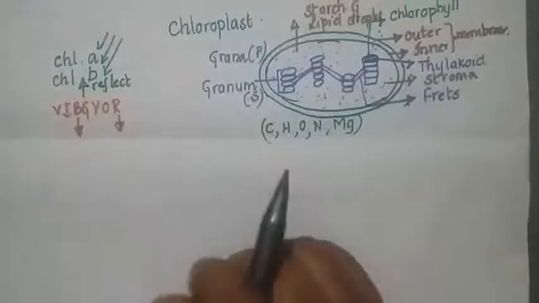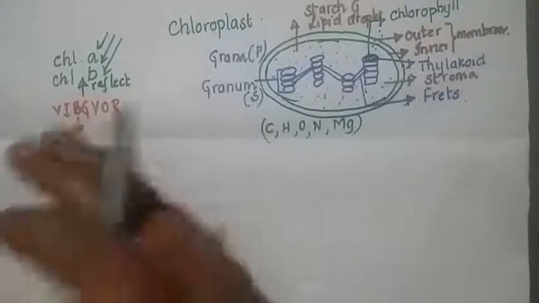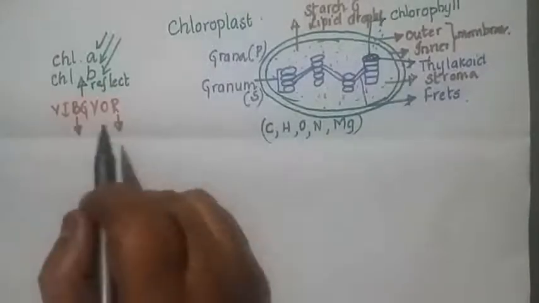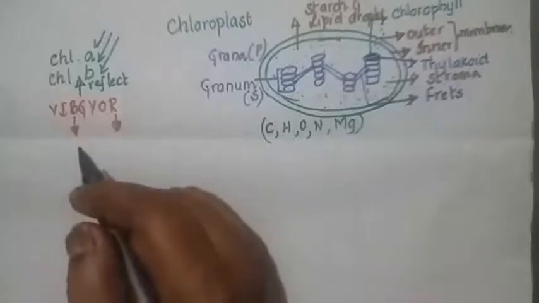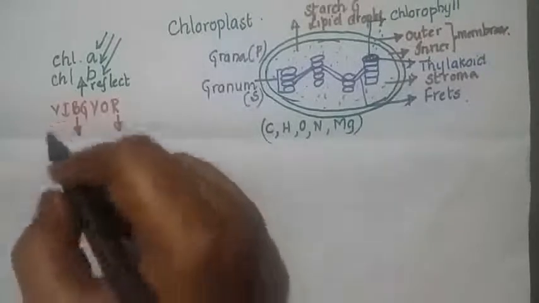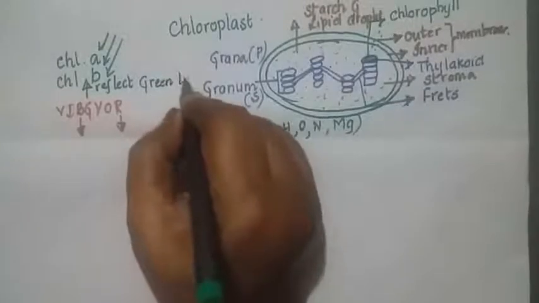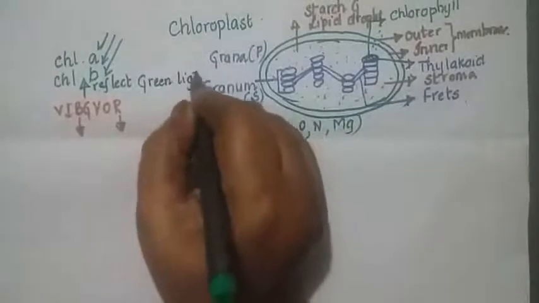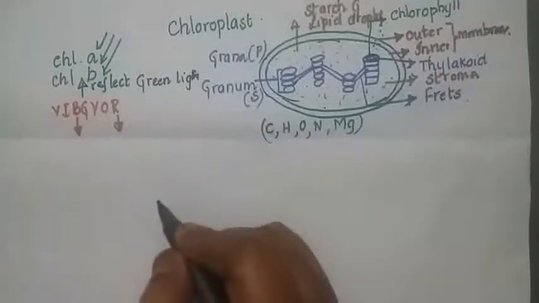So when chlorophyll is exposed to the visible light, it absorbs the blue and red color wavelengths which are found almost at the extreme ends of the visible light and reflects the green light. Hence the leaves are green in color. Right?